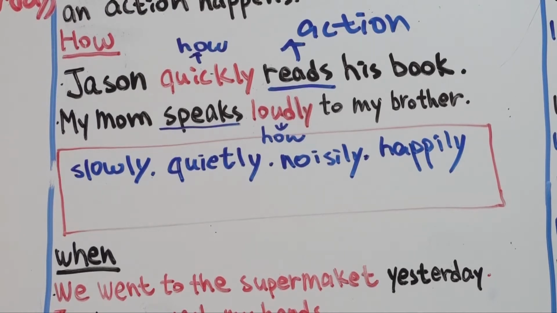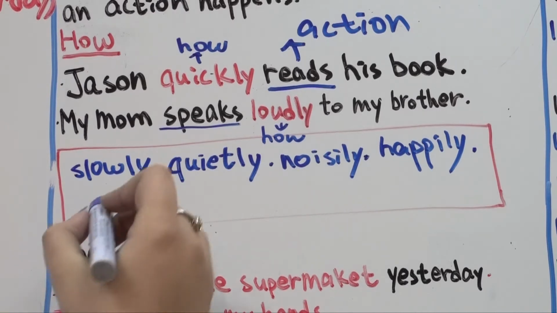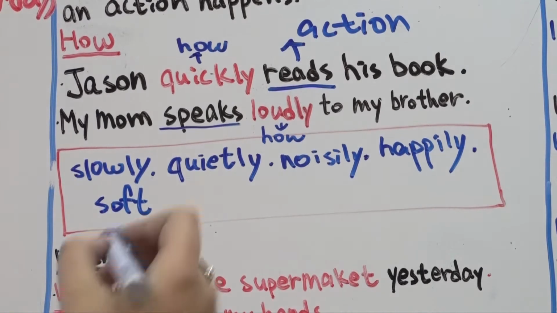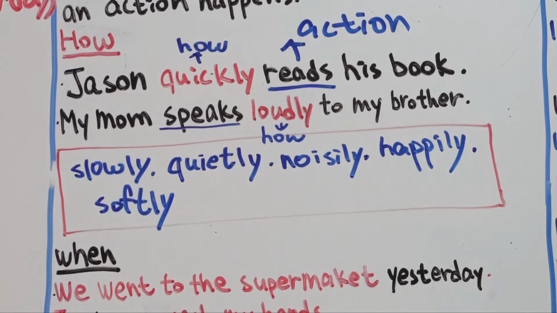One more. What is the opposite of noisily? When somebody's making lots of noise, right? You will ask him to please talk softly. Soft. Right? Softly. Alright, these are also adverbs.